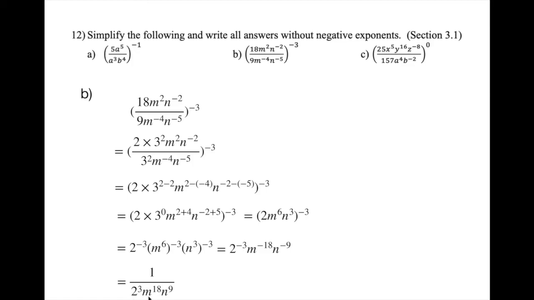Same thing for the m and n terms here. And we know that 2 to the power of 3 is 8, so we can put 8 for the coefficient of the denominator. And that should be your final answer. That's part B.